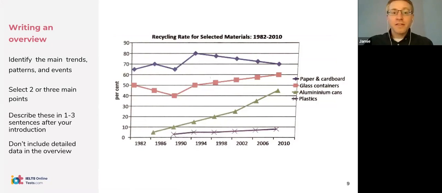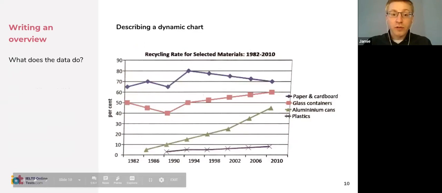So thinking about what are the main trends, the main points here in a dynamic graph or a dynamic chart, we need to think, what does the data do? What are the key features? Does it go up or down? Does it fluctuate or does it remain steady? Are there peaks or lows?